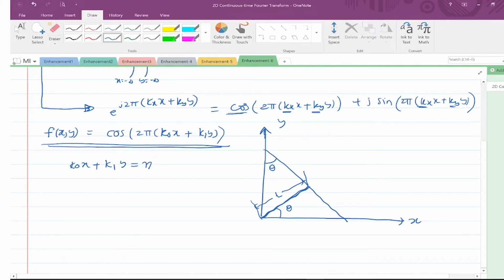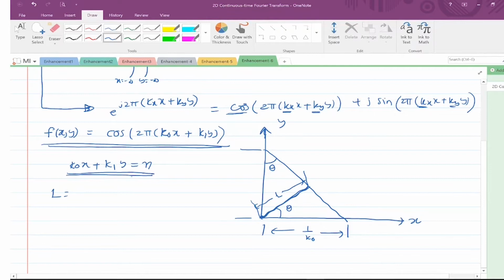With that, we figured out that from x equal to 0, y equal to 0, for the same thing to get repeated here, it will have a periodicity of L. Before computing that, we figured out that this would be equal to 1 by k naught, and the intercept on the y-axis for this line, which gives you a line.